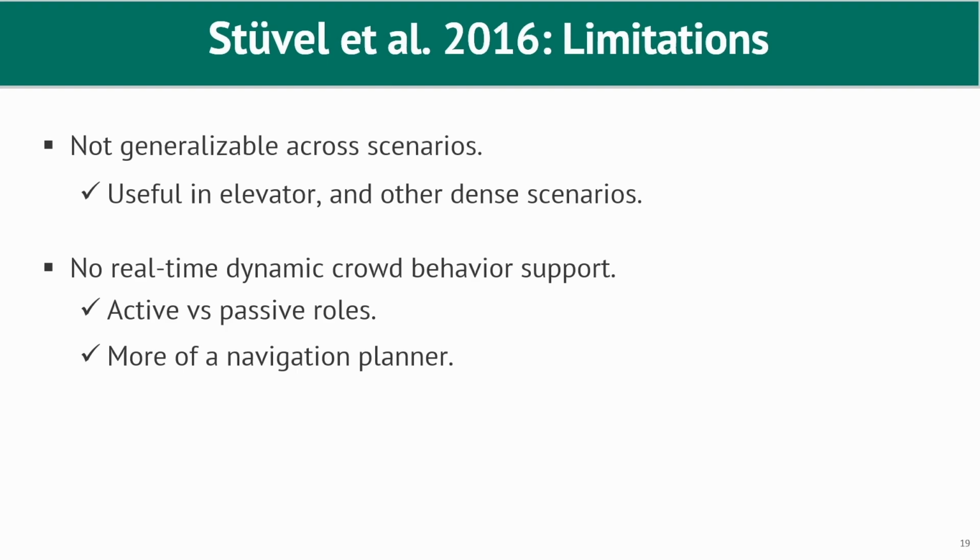They have very limited applications in scenarios like elevators and other dense scenarios, so they are not generalizable across multiple scenarios with multiple densities. Also, their rule of dividing agents into active and passive limits the real-time dynamic behavior of the crowd.